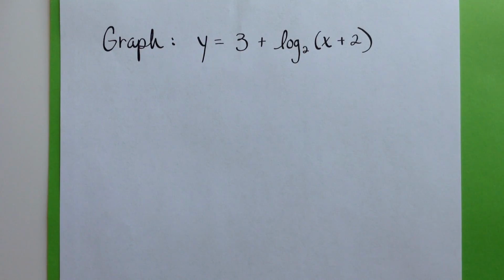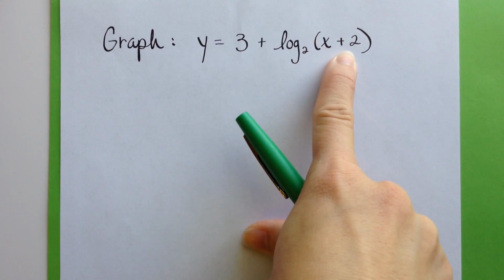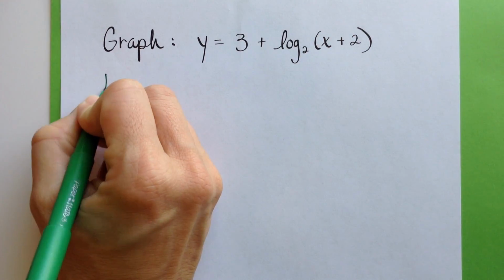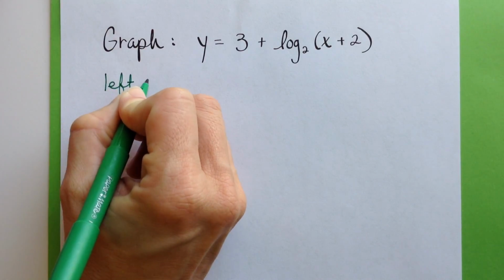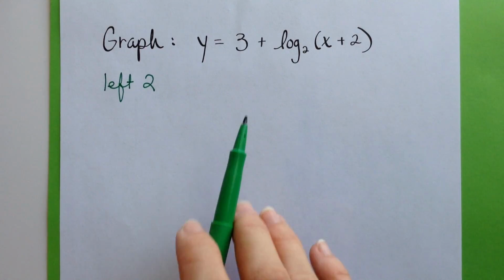Okay, so as far as listing the transformations, first of all, you do have a shift to the left 2. This being in the parentheses includes that in the argument, so that's going to be left 2. Now, one thing that is confusing sometimes for you is where they put the vertical shift, like the up or the down.